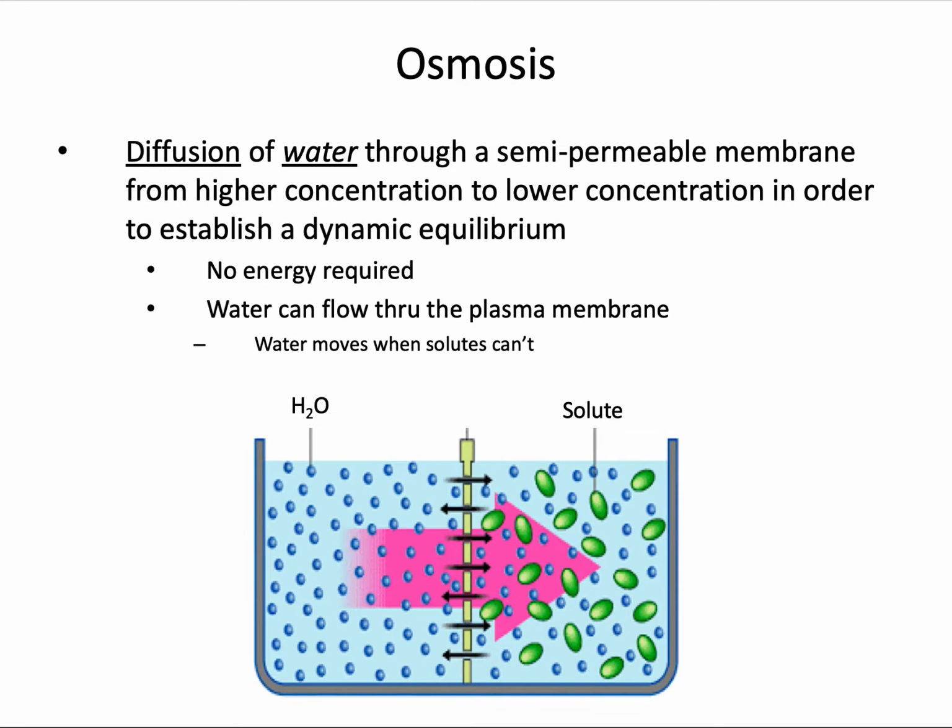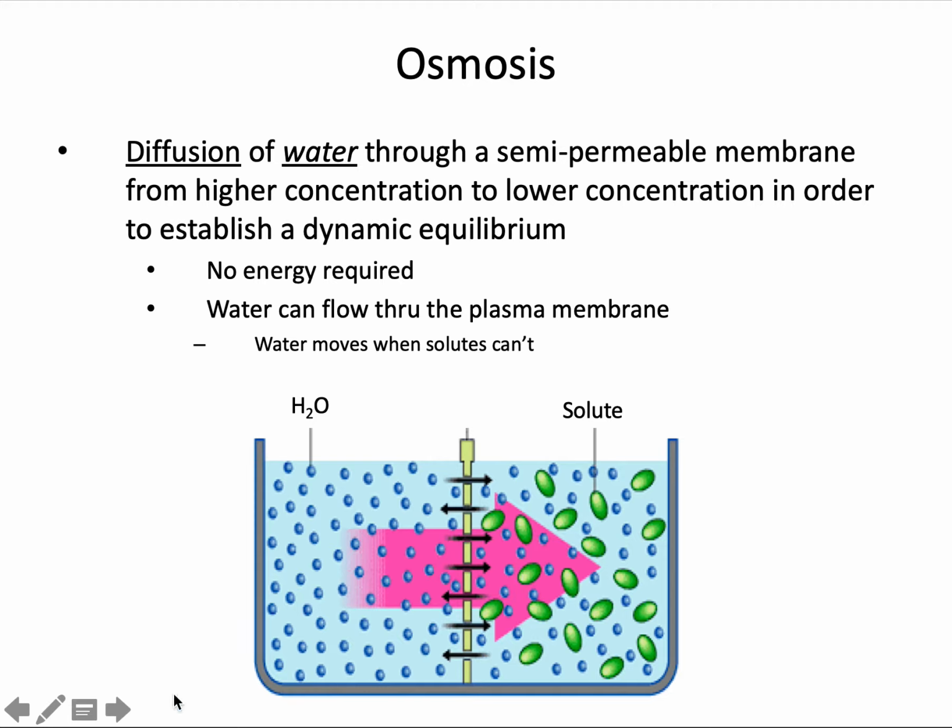Then there's osmosis, which is the diffusion of water molecules from a region of high water concentration to a region of low water concentration. So this happens when solutes are not moving or cannot move, and so water does the movement.